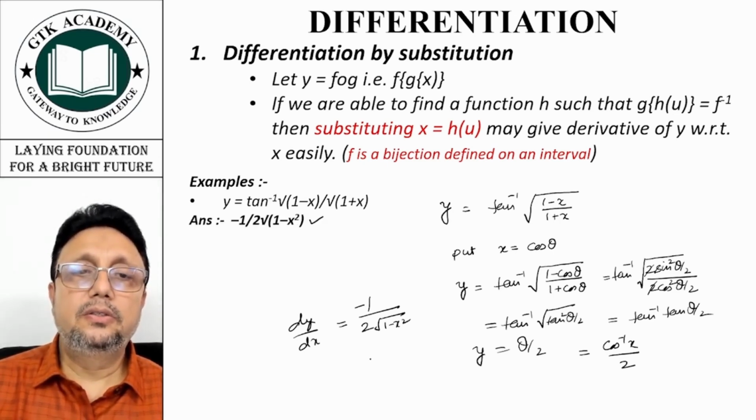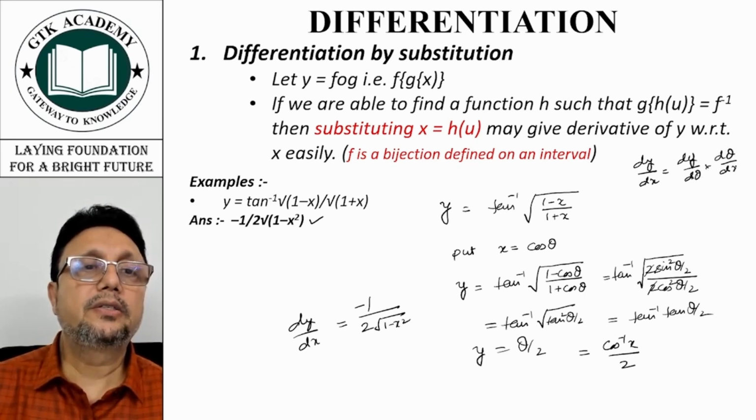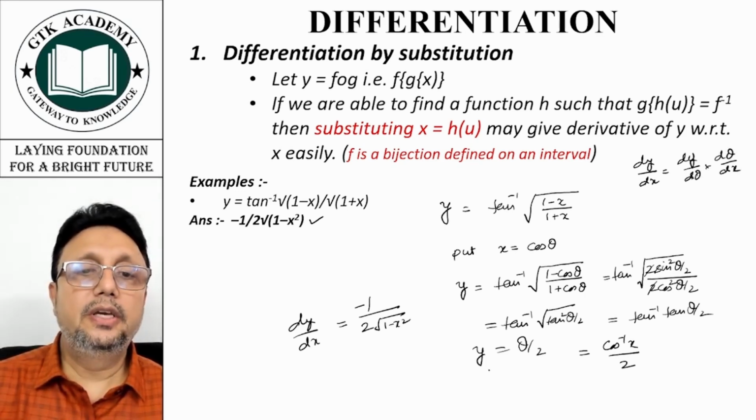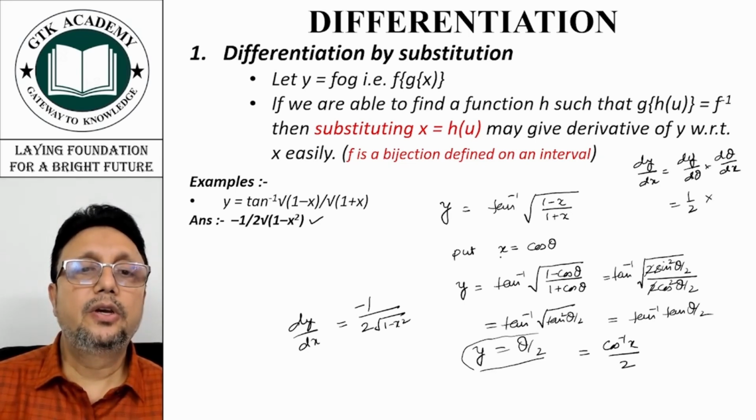I'll write it here, dy by dx is equal to dy by d theta into d theta upon dx. Now dy by d theta, you can get it from here. This is equal to half into d theta upon dx. You can get it from here.